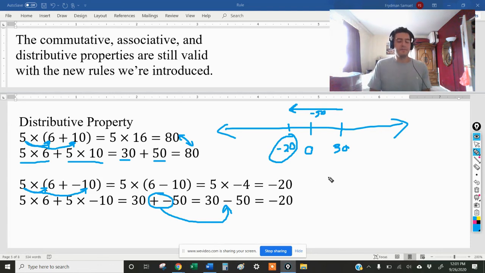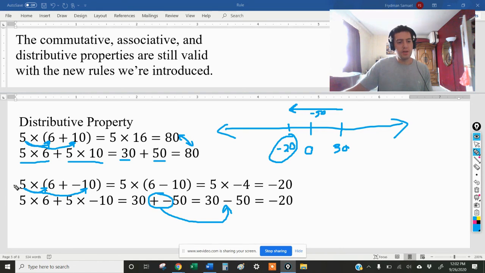So again, the distributive property does hold. If we do a multiplication over addition here, then we get the same answer, no matter which way that we do it. Okay? And again, you could challenge yourself if you want. I just made this 10 negative.